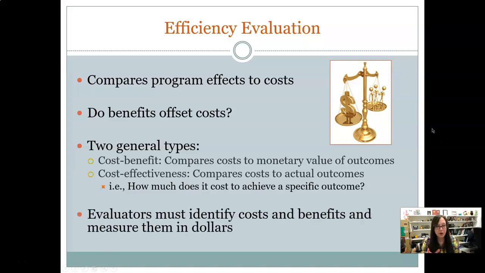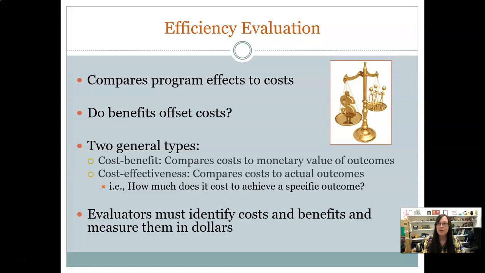The difficult part about this is that evaluators have to figure out what these costs and benefits all are and measure them in dollar amounts. And that can be very difficult to do, especially for cost benefit, because in cost effectiveness your outcome is not necessarily needing to be monetized, but still the cost is. When you're doing cost benefit, it's literally how much are we saving and how much are we spending, and everything has to be put in dollar amounts.